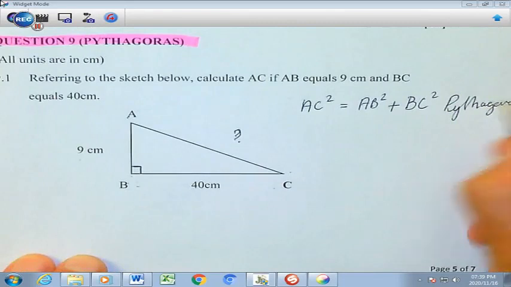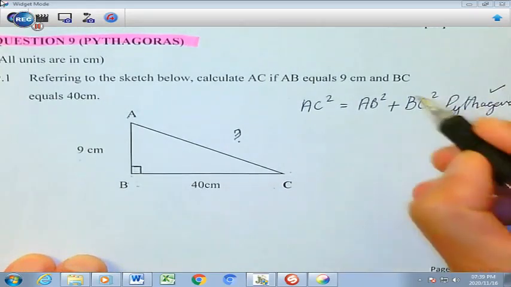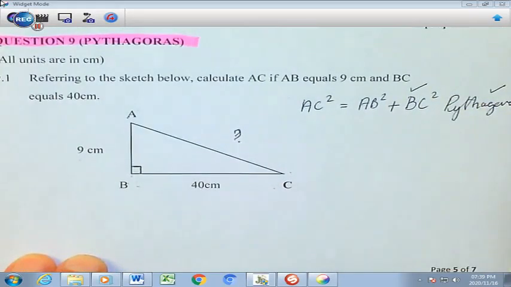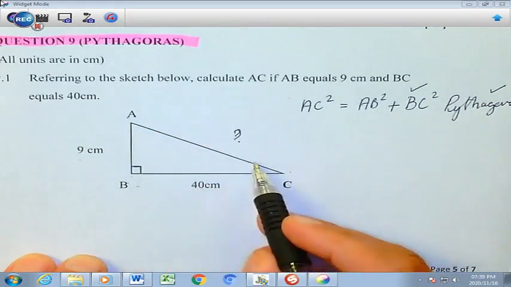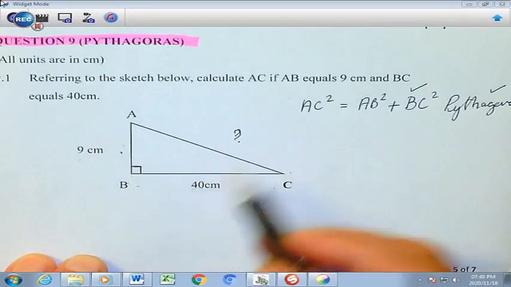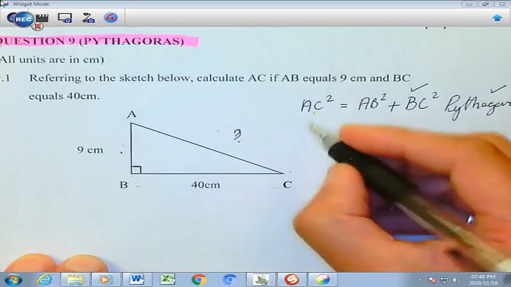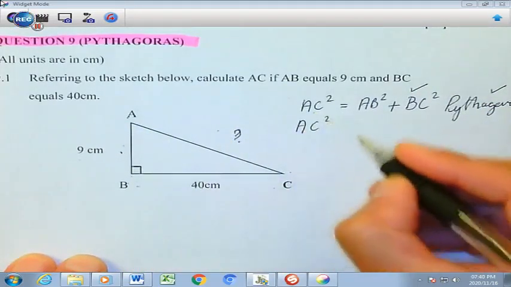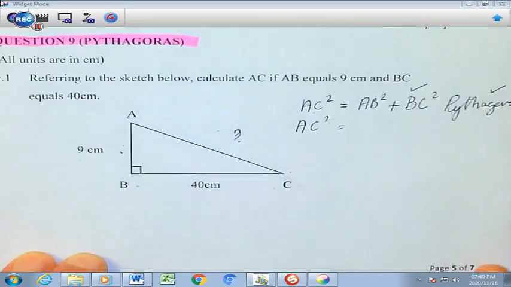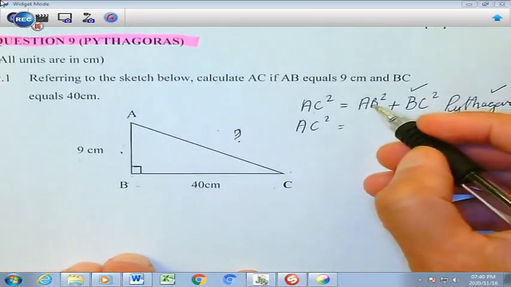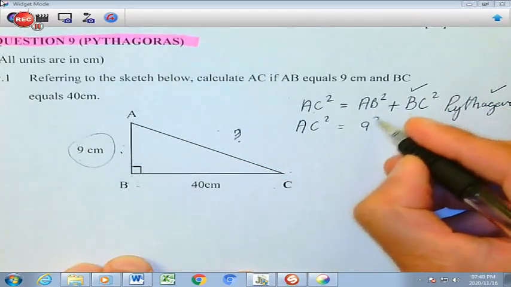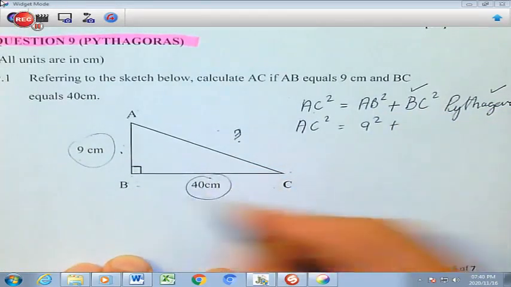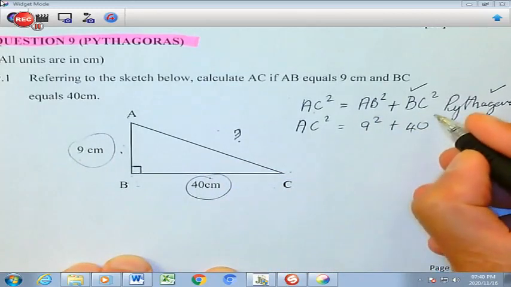Okay? You get a mark for that and you get a mark for that. Then, this is unknown. You don't have that. These two together squared will give you that. So we will have to say, let's maintain the unknown there of the equation. And we say AB squared, that is 9 squared, plus BC squared is 40 squared.